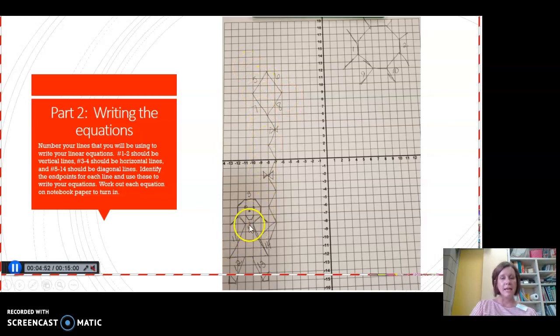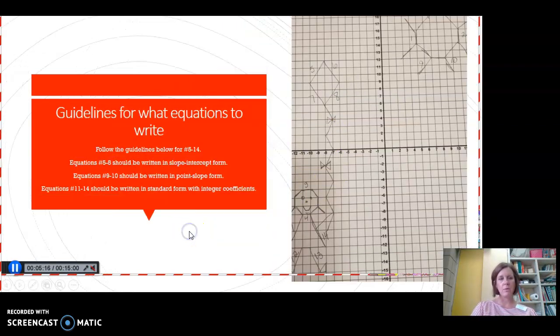So that's why I'm saying it's important to be able to see my lines, because I'm going to have to identify them and write down the endpoints for each of the lines I've labeled. Notice not every line is labeled. We're not going to necessarily use every single line. We're only going to use the 14 that we've identified, okay? And it'll all make sense as we work.